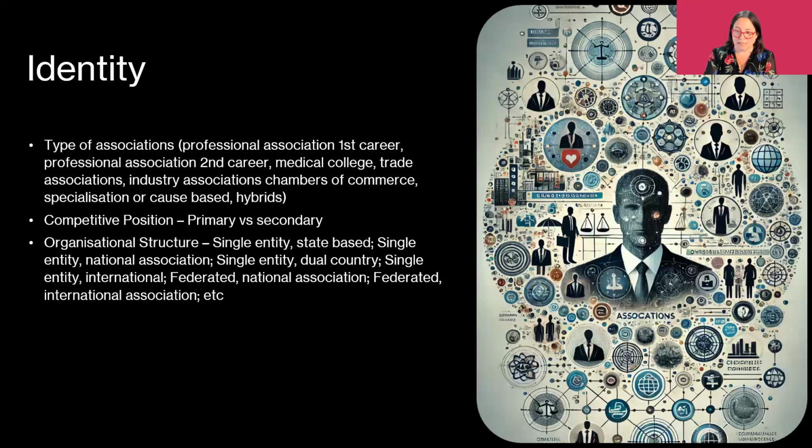You can be a second career professional association, which represents those associations who people tend to gravitate to later on after they've already had a first career. So that's things like the Governance Institute. Like no 5-year-old gets up one day and goes, when I grow up, I want to be a board member. These second career professional bodies have entirely different drivers and mechanisms than what first career professional associations do.